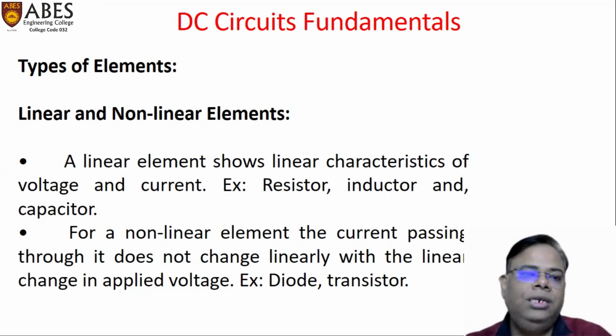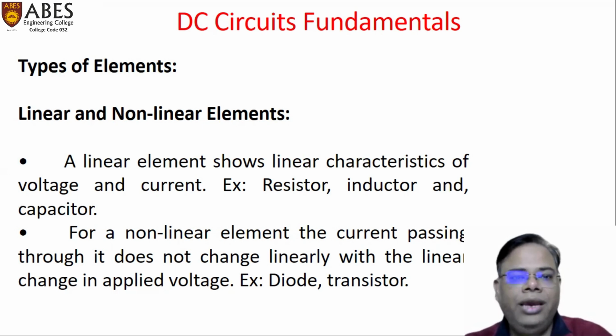Example: resistor, inductor, and capacitor. It can also be defined as elements which obey Ohm's law. Vice versa, non-linear elements are those which have non-linear VI characteristics and do not obey Ohm's law. Examples of non-linear elements are diode and transistor.